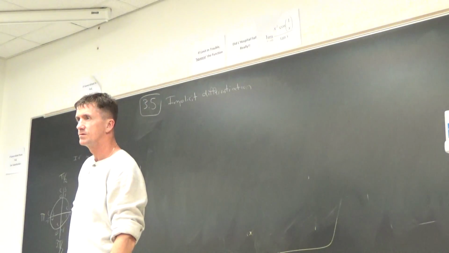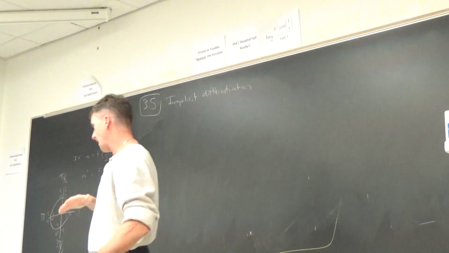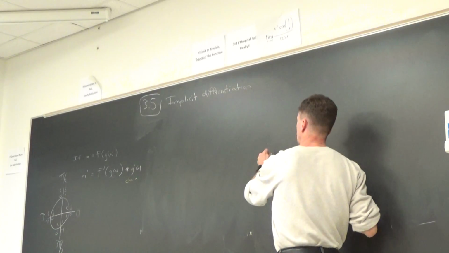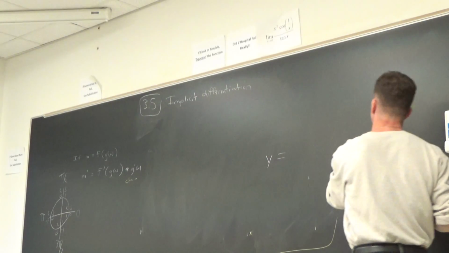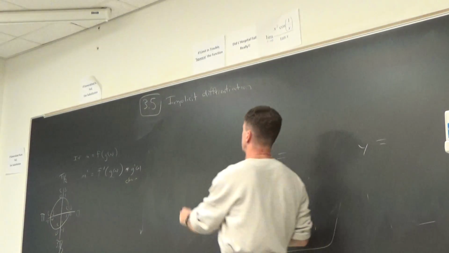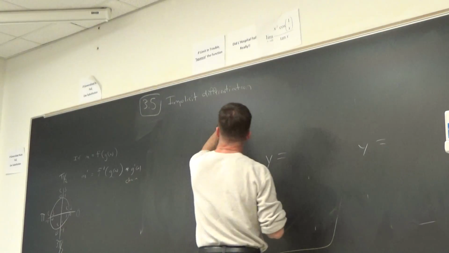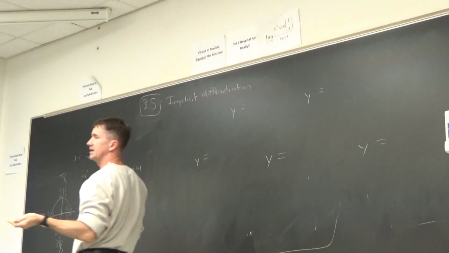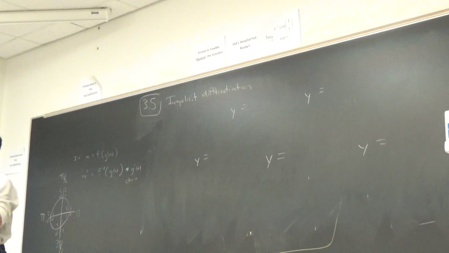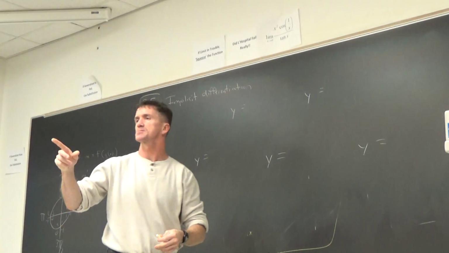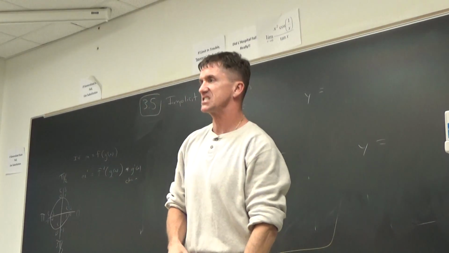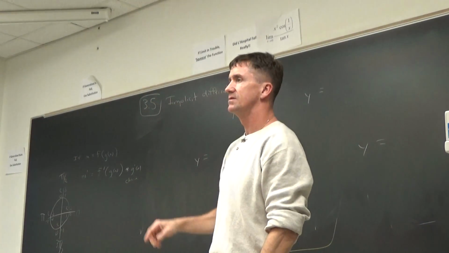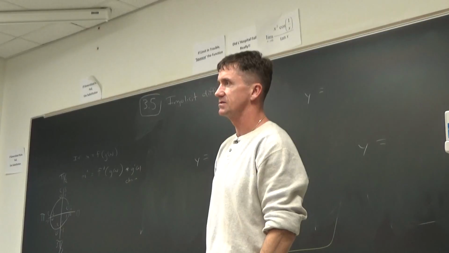So what's this for? Every problem I've done so far, I've been doing this. Every time I did, you notice that? I didn't say y, I said f of x. f of x was explicit off that equal sign. Explicit. This is titled implicit differentiation.